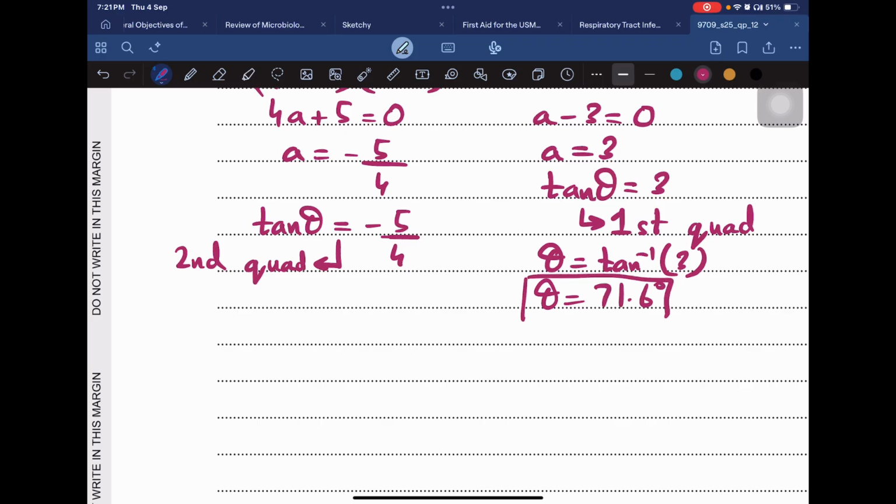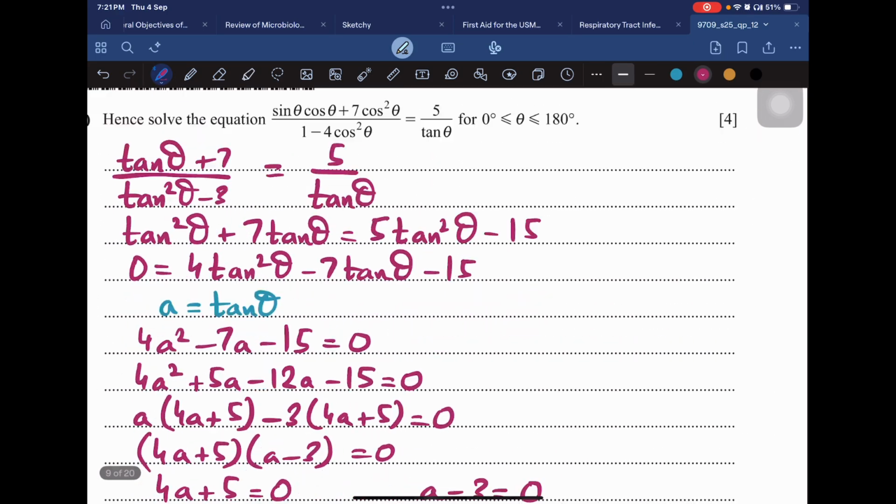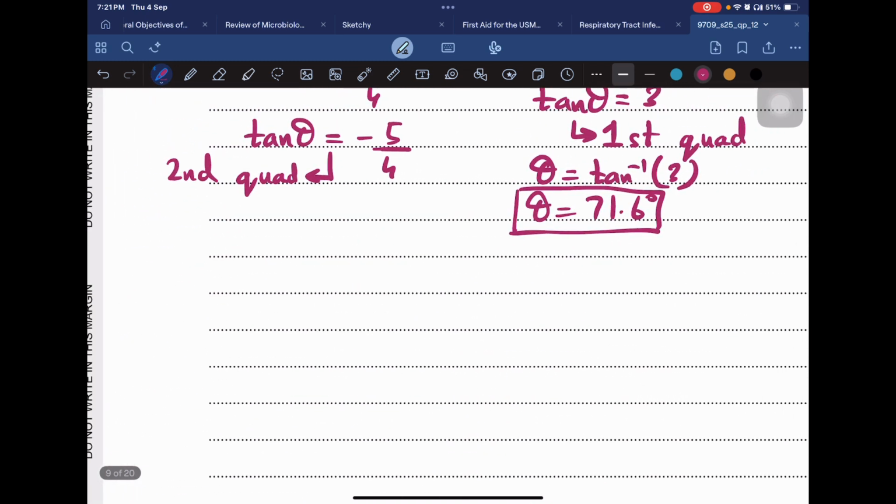That's one of our angles. And then in the second one, we'll first find the basic angle. When you're finding the basic angle, you ignore the negative or positive sign, you always take it positive. So we'll have tan inverse 5 upon 4, which will give us 51.3.